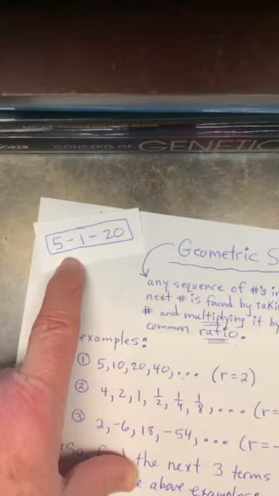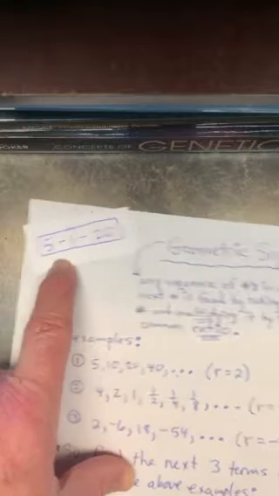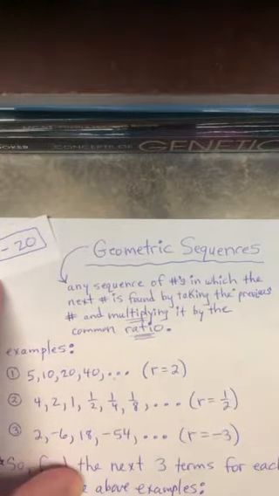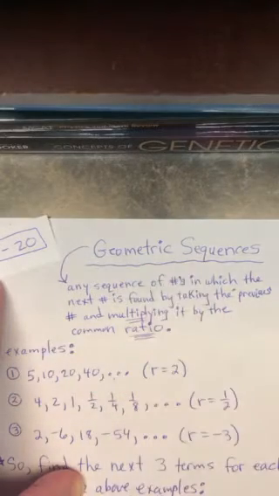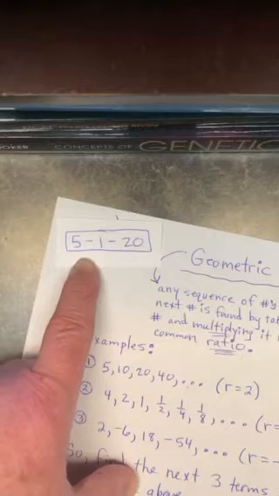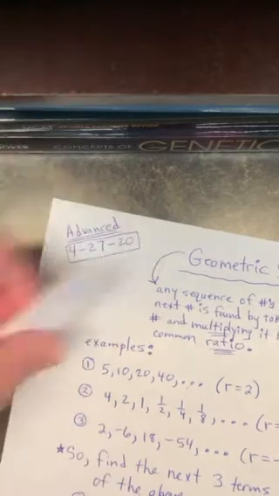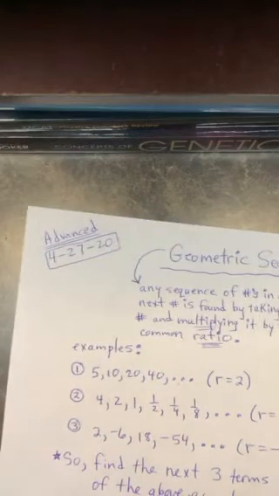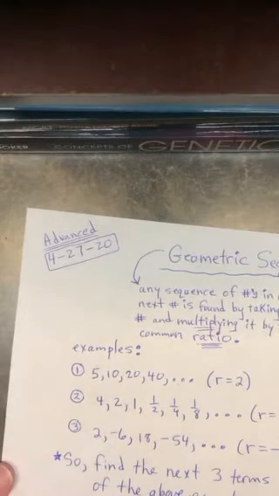Same title, same topic, same notes, same homework problems. Geometric sequences at the top as well. Again, 5-1 if you're in Mod 7. 4-27-20 is the date if you're Mods 2, 3, and 4.